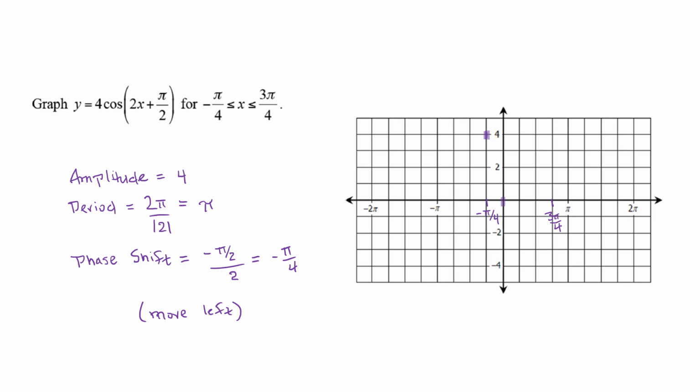And then I'll go to pi over 4, which would be 4. And then pi over 2, which would be 0. And then 3 pi over 4, which would be 4. And so now I can connect my dots.